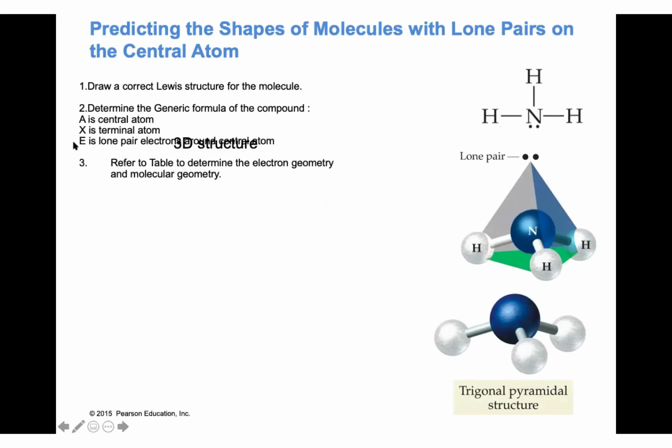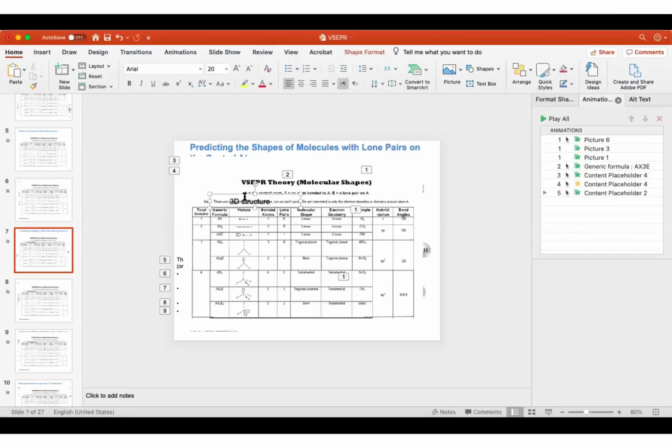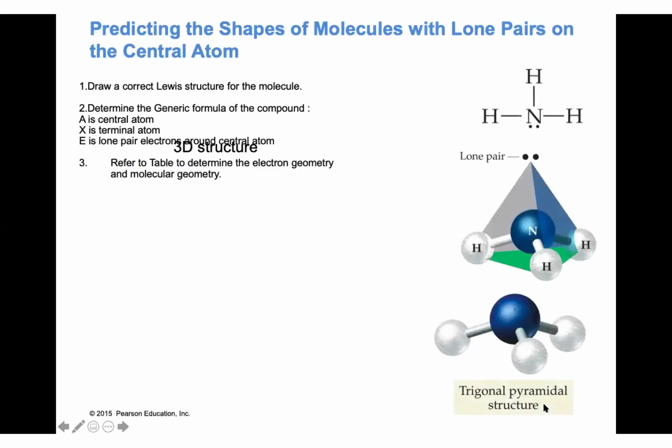Do I have any lone pair around the central atom? Yes, I have a lone pair. To make it more visible, I just put it down more. So here I have one lone pair. So what's the generic formula here? AX3E.